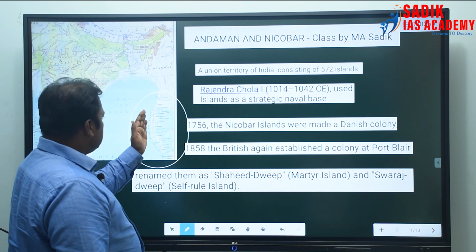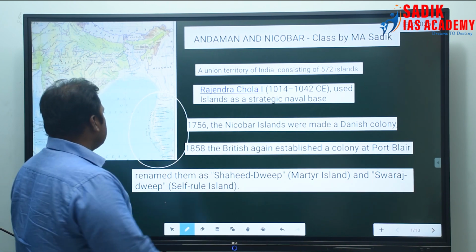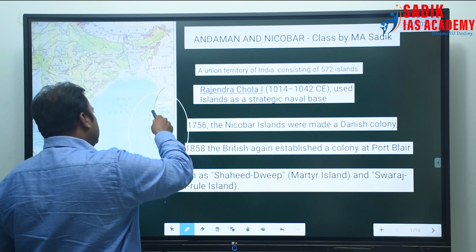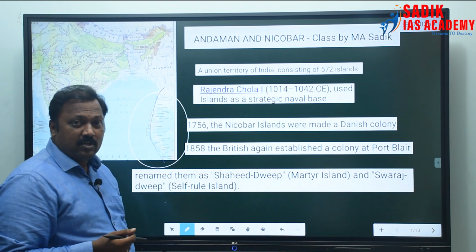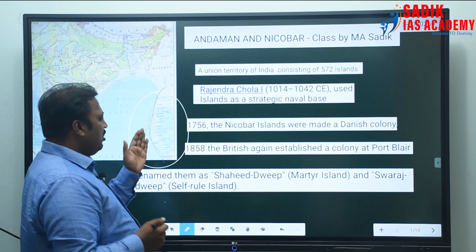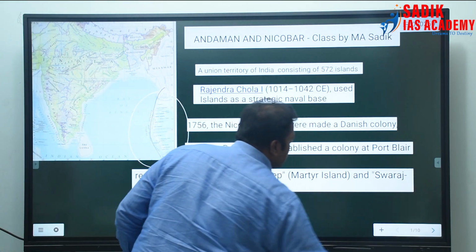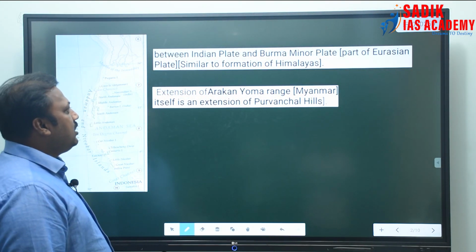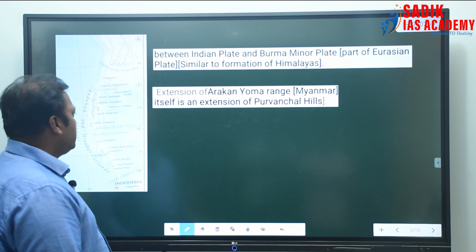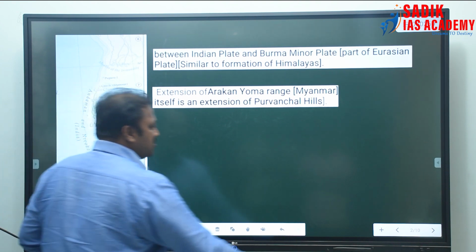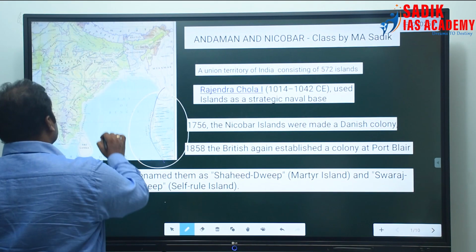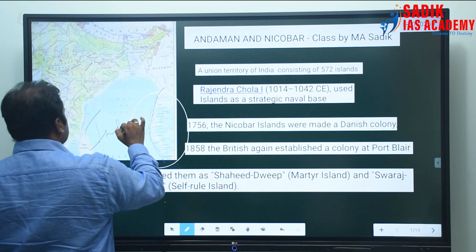Now, this is a plate margin. You can see that this is a plate margin, right? This plate, which is a minor Burmese plate, is colliding with this Indian plate. You must know this is the Indian plate, right?